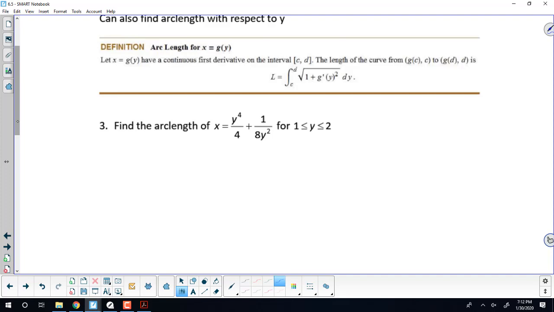So the first thing we want to do is find the derivative of the supplied function, x prime. So x prime would be what? I'll do this one. Derivative of y to the 4th over 4 is y cubed.